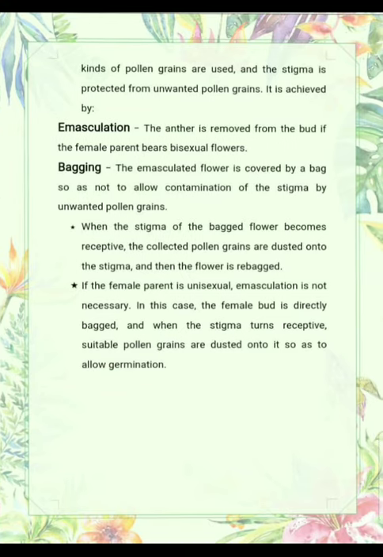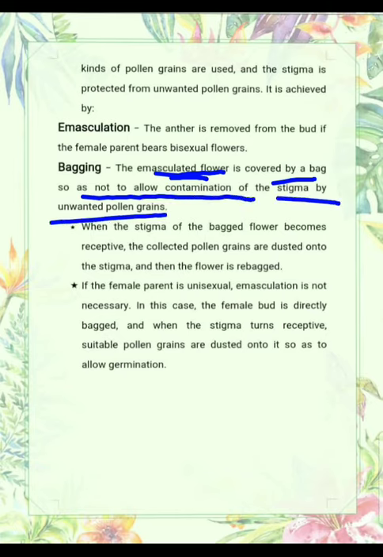You can see here, emasculation means the anther is removed if the female parent bears a bisexual flower, and bagging means the emasculated flower, from which the anthers have been removed, is covered by a bag so as not to allow contamination of the stigma by unwanted pollen grains. When the stigma of the bagged flower becomes receptive, means completely matured, the collected pollen grains are dusted onto the stigma and the flower is rebagged.